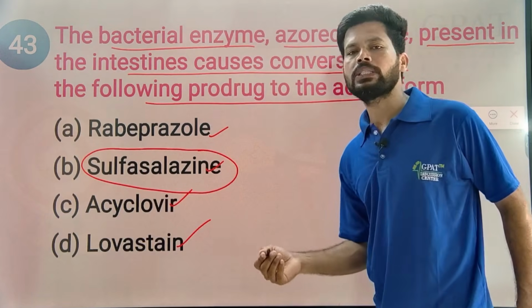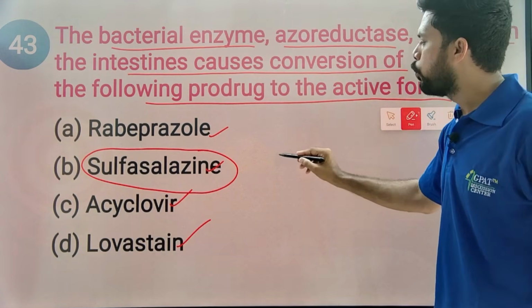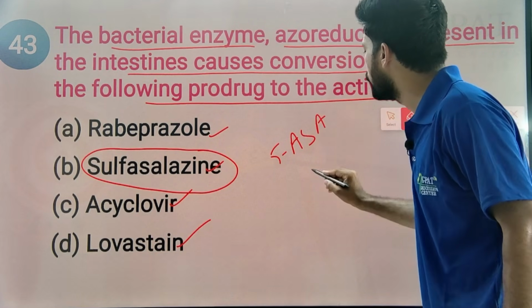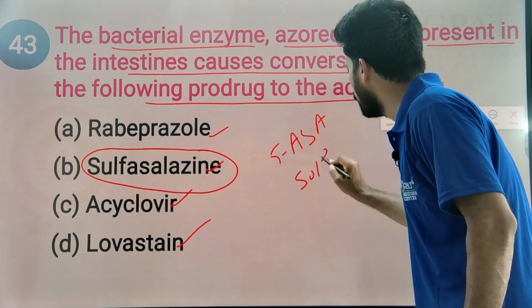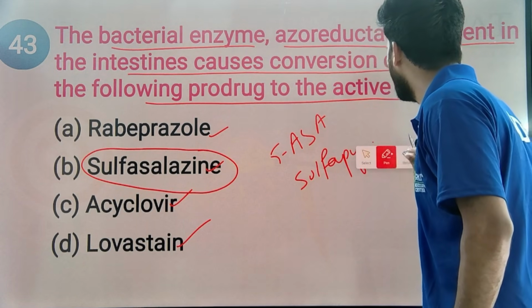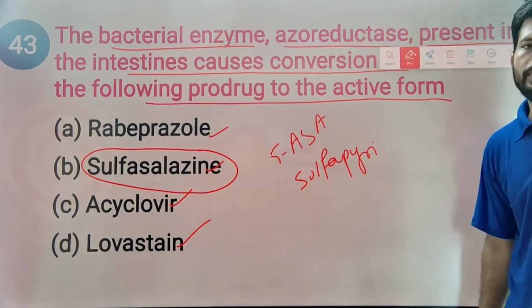Once entering the GIT, in the presence of the enzyme, it gives 5-amino-salicylic acid as well as sulfapyridine. The sulfapyridine has antibacterial activity, whereas 5-amino-salicylic acid has anti-inflammatory activity.